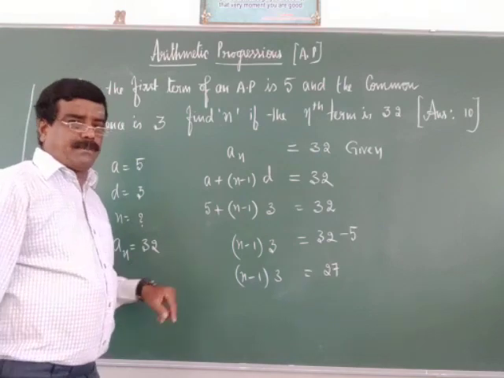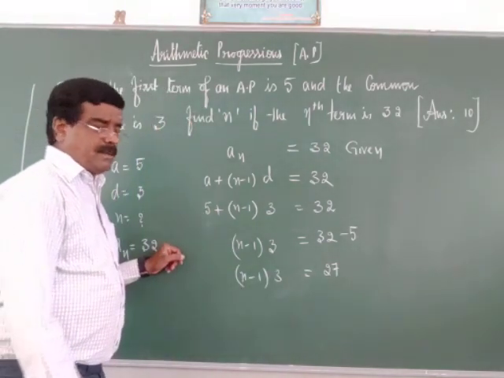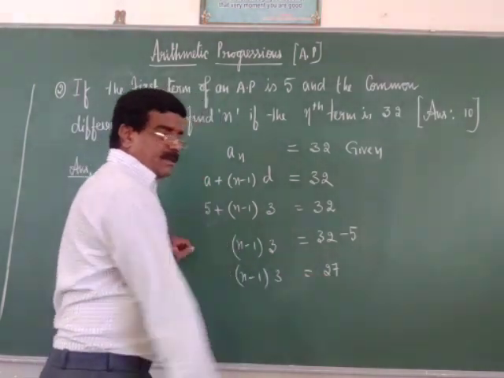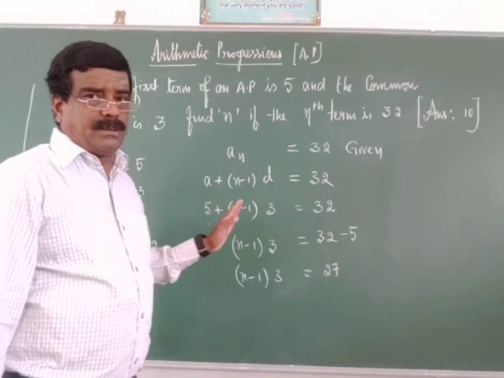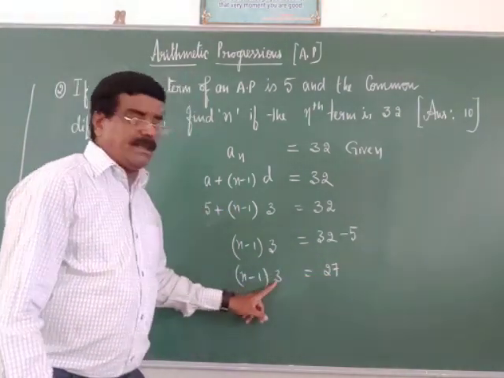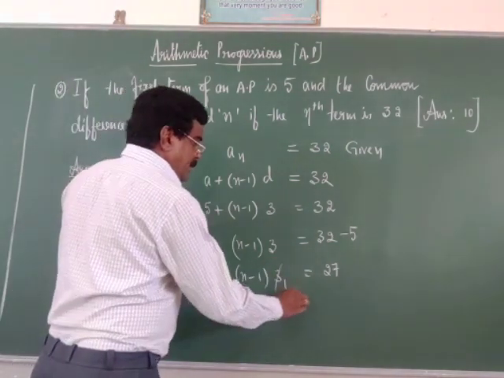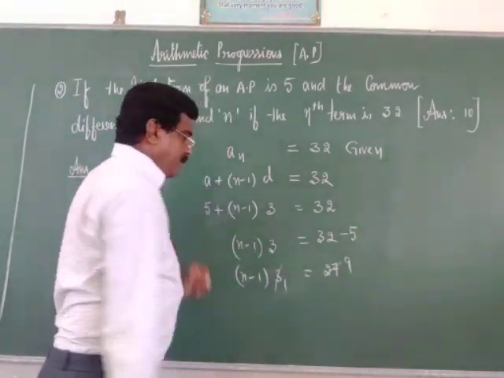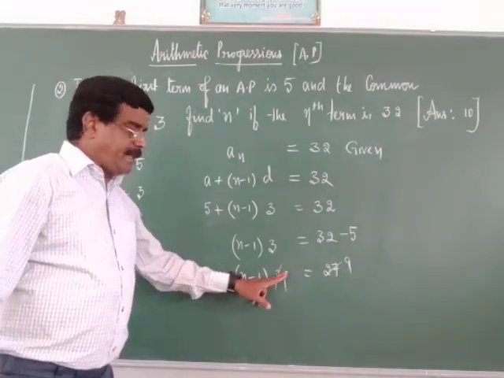In the next step, you can cancel this, children. If possible, try to cancel in this step only. Because whenever you come across this type of sums, usually the right hand side term will get cancelled with the left hand side number. It means in the table of 3, 3 nines are 27. If you divide by 3, this 3 will get cancelled.